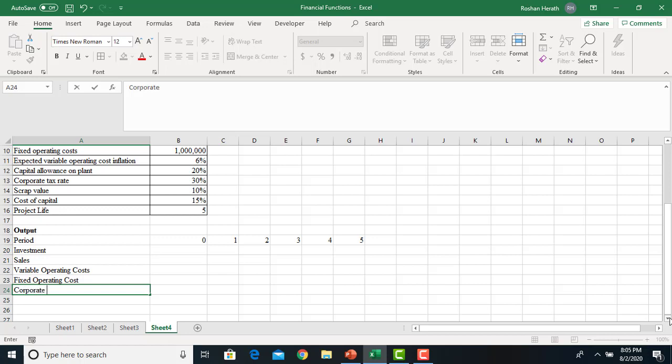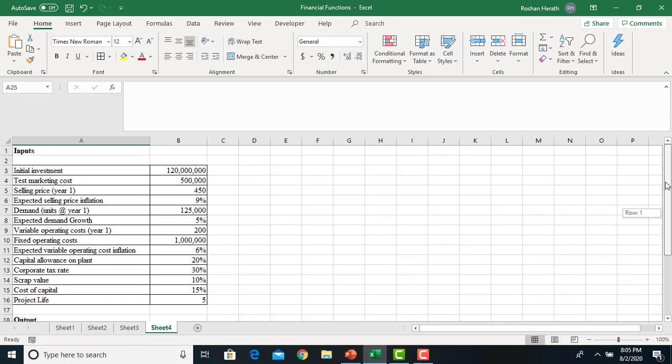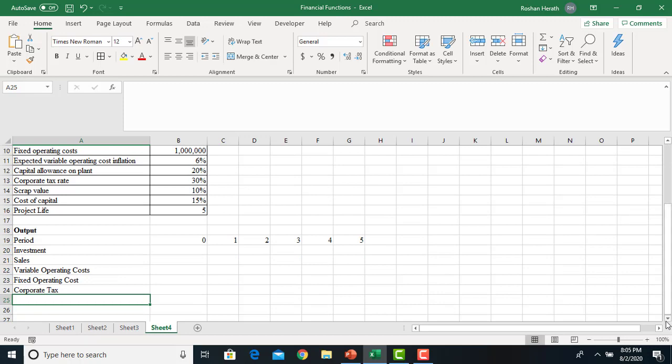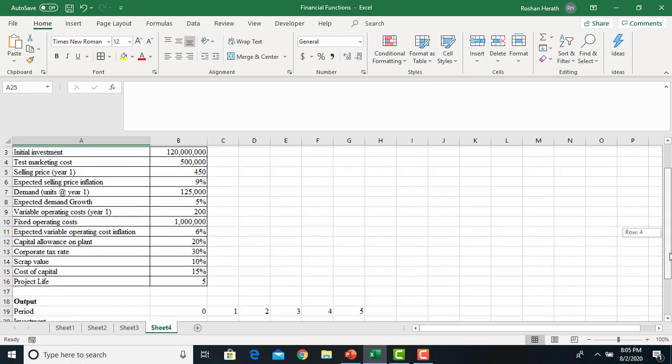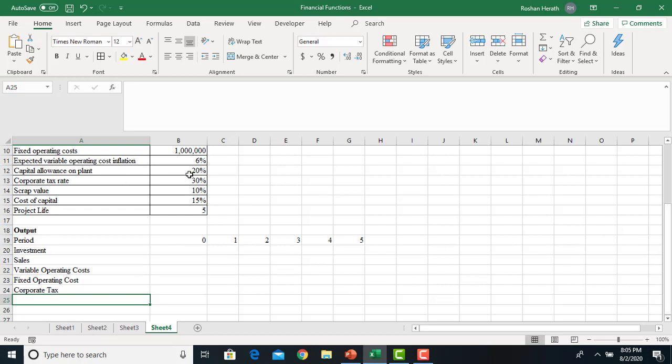And as you have worked out in your management accounting course in the second year, in a question, if capital allowance is involved, you can have a saving on that. You can have a tax saving on capital allowance. So therefore, I might dedicate a column for tax savings on capital allowance.